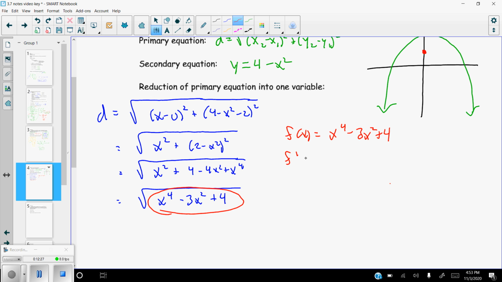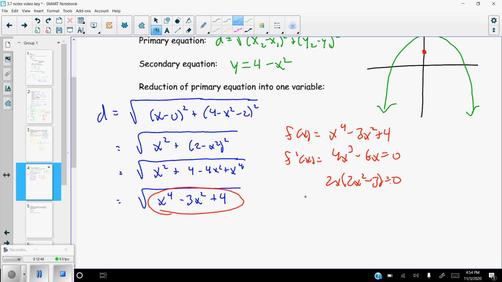So f prime is going to be 4x cubed minus 6x. Okay, I want to set that equal to 0. I can factor out 2x, which is going to leave 2x squared minus 3.